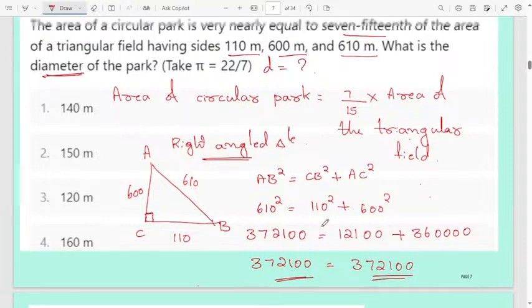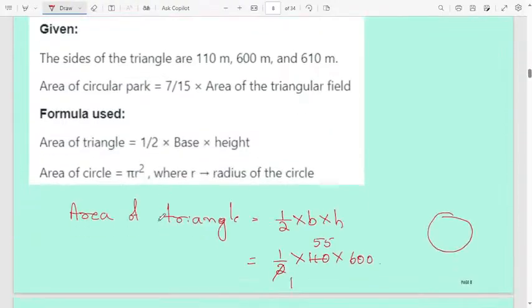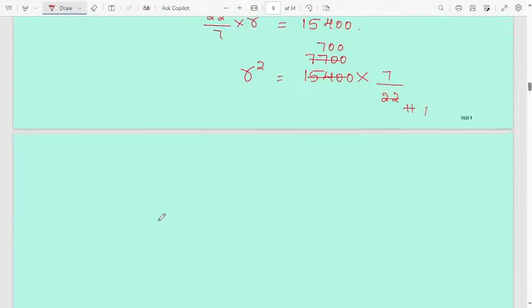Otherwise, if they do not give a Pythagoras triplet, they have to give either the base and height directly, or some condition, like the base is this much more than the height. Otherwise, if they give three values, they will definitely give a Pythagoras triplet. Otherwise how can you choose which one is the base and which one is the height?